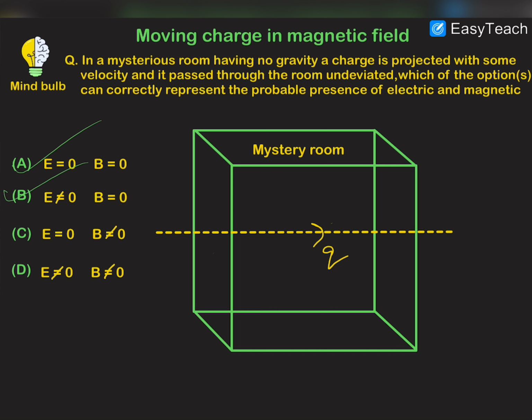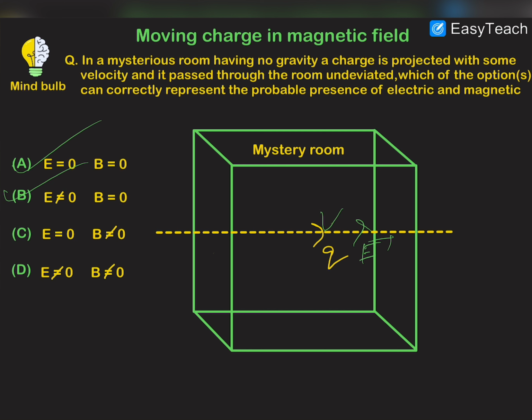Second can also be the case if the electric force is in the direction of the velocity of the charge. If V is like that and E is like that, then this charge will go accelerated, but it would not deviate. So second can also be the option.